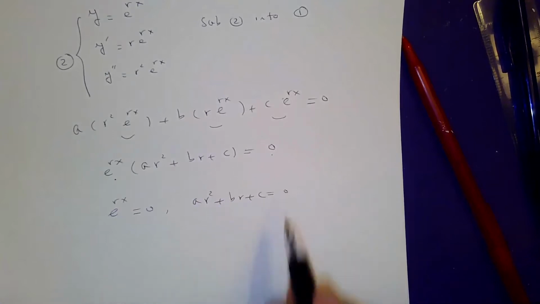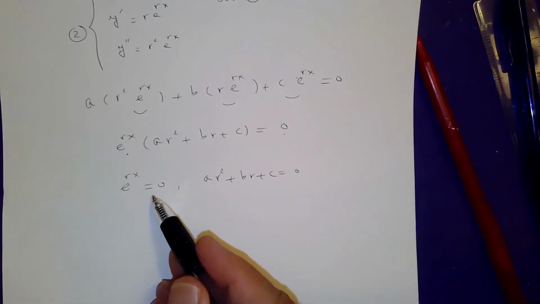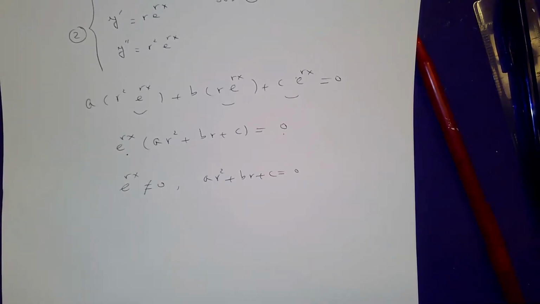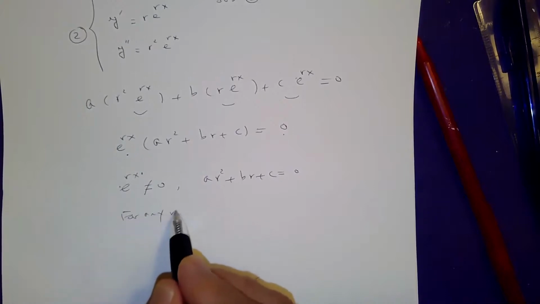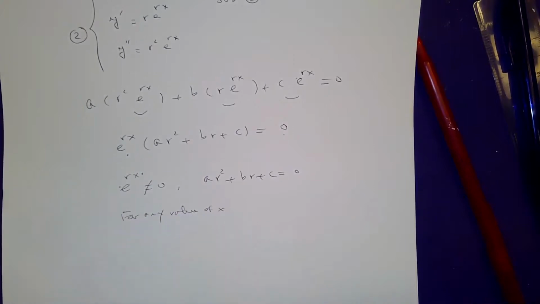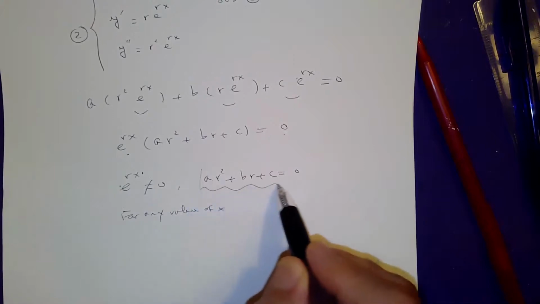Is that right? But this exponential function cannot be 0. I don't care what x is or what r is. For any value of x, this guy never equals 0. It's an exponential function, right? So the only hope is this.